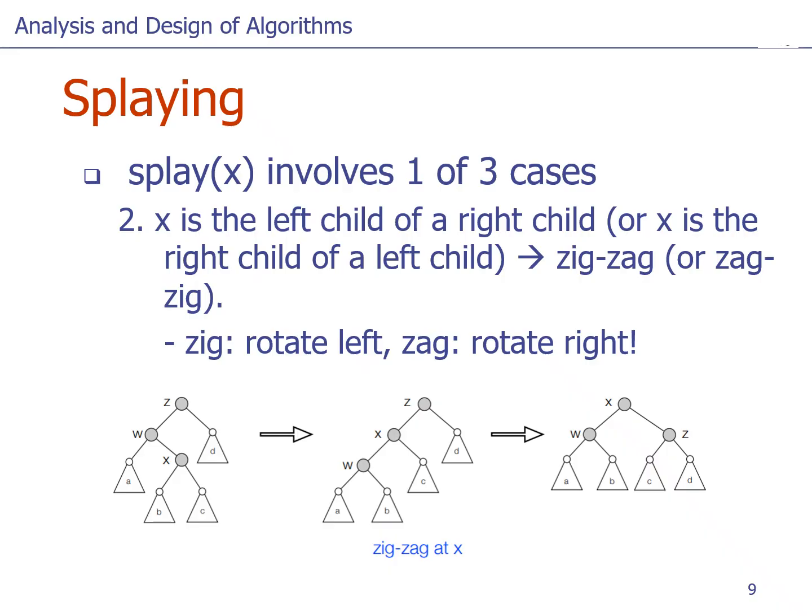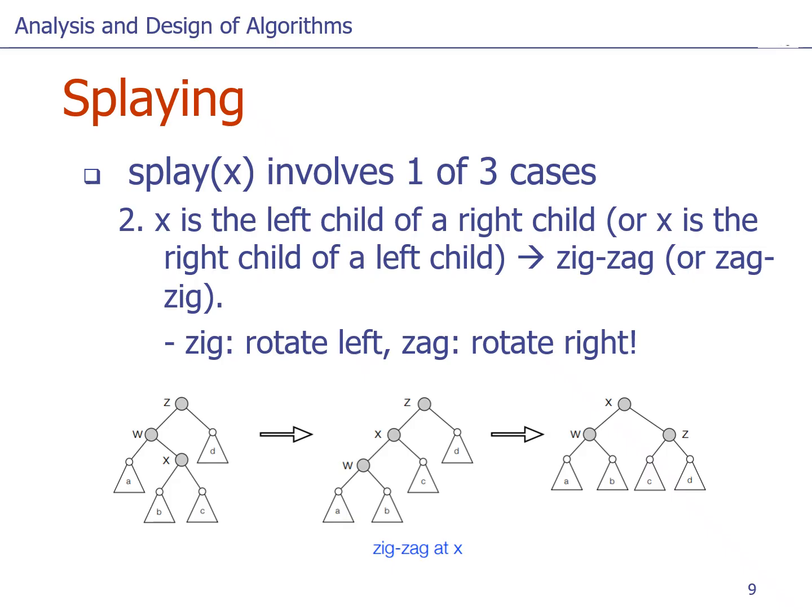The second case is X is the left child of a right child, or X is the right child of a left child. Okay? So basically here we have a different children order. Let's look at the bottom left image so you understand what I mean.